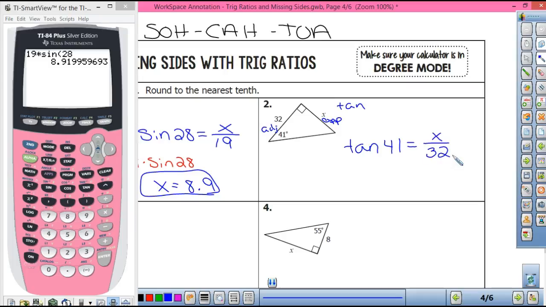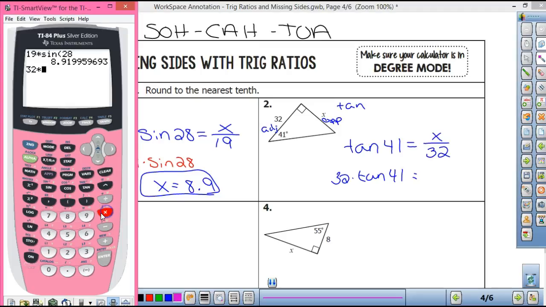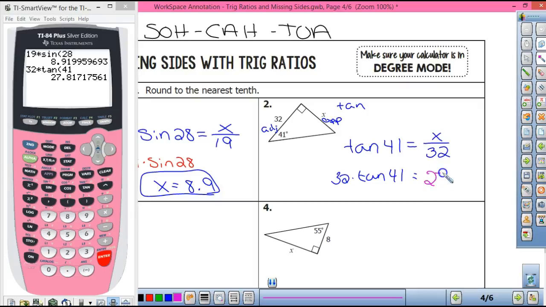Okay, so how do I go about solving this? Yep. 32 times tangent of 41. Enter. We get 27.8. Does that make sense if one of my other sides is 32? Not at all.